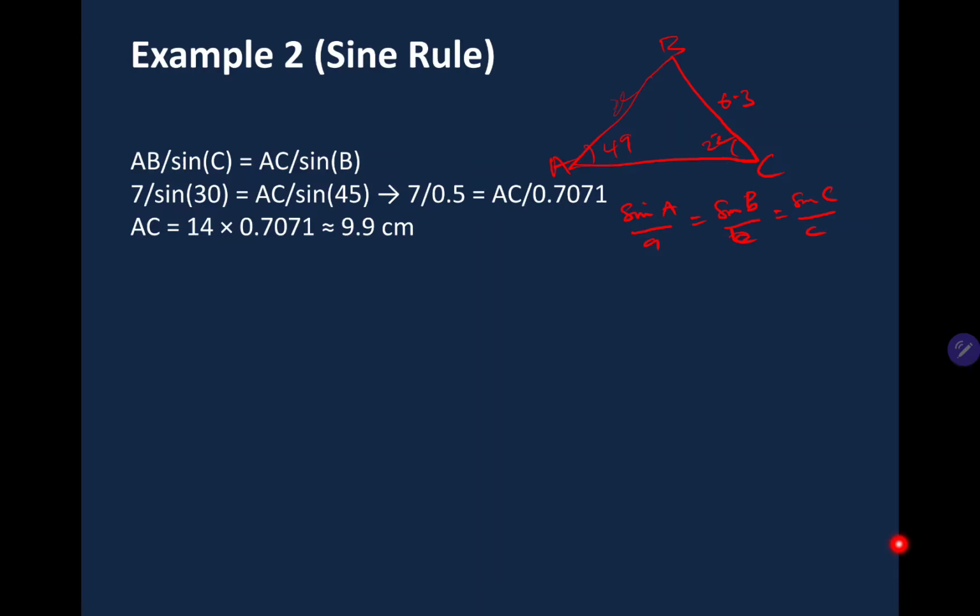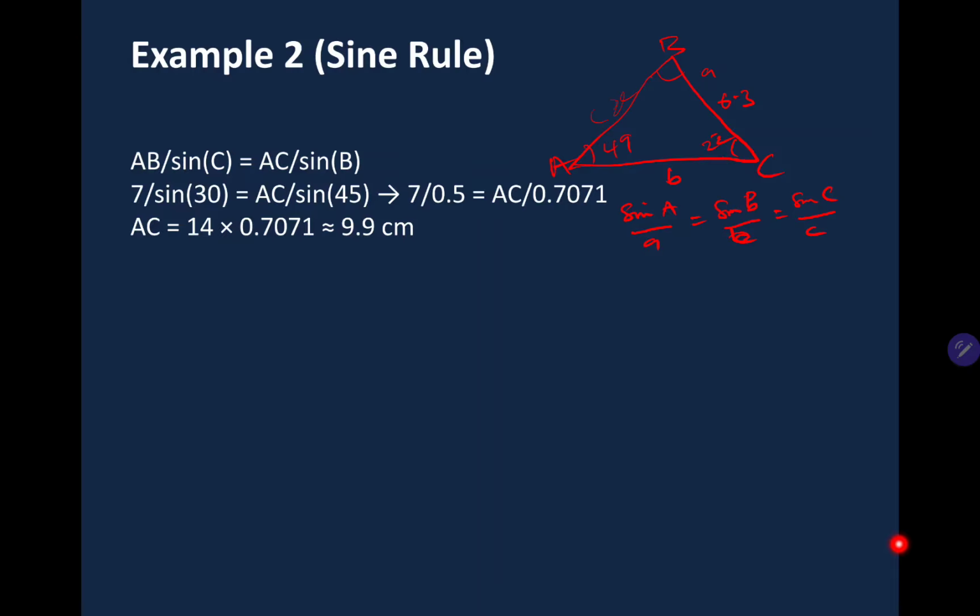All right, please have this formula at the back of your hands always. So using this formula, we can look for the side x now, which we can call C. Opposite the angle, this is A, this is B. The side opposite the angle is denoted by the small letter, and the angle by a capital letter.